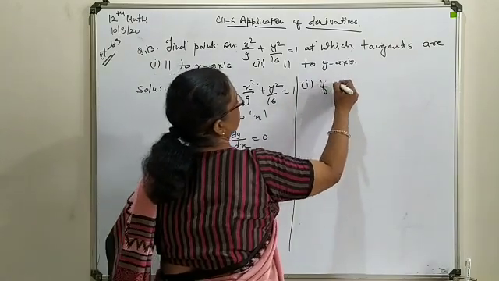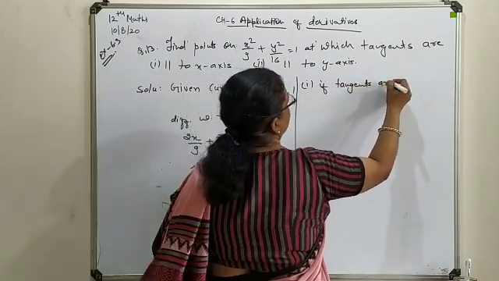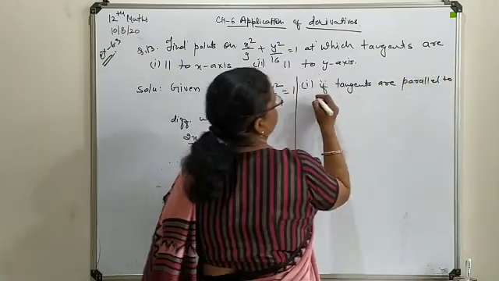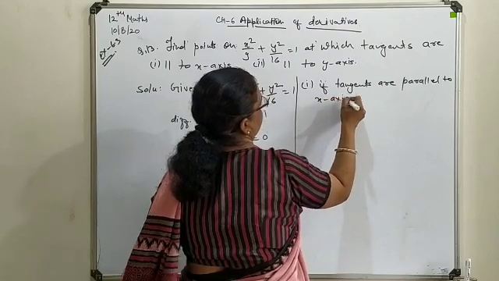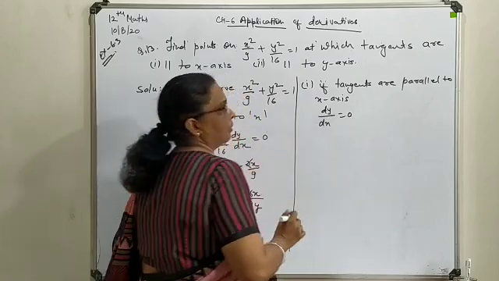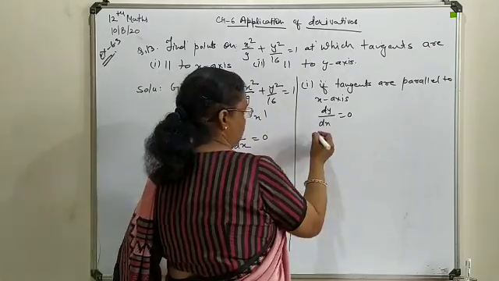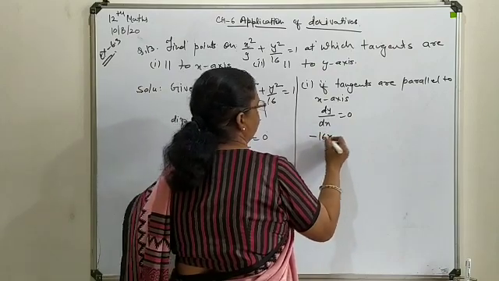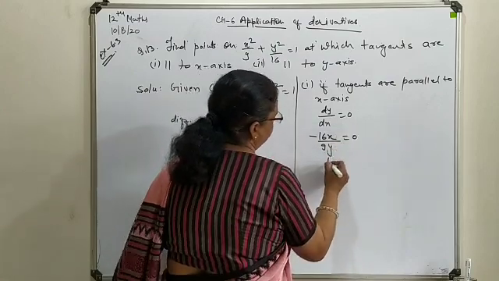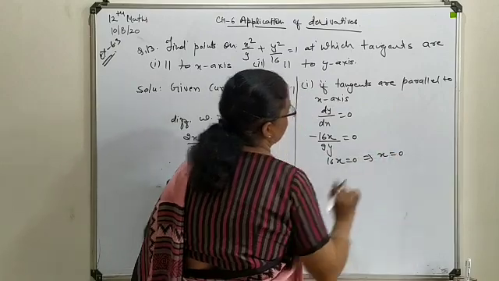If tangents are parallel to the x-axis, at that time the slope of the tangent should be from 0 angle, so it will tend to 0. So what the dy by dx we are having, make it cross multiply. So here 16x you will turn as 0, so obviously x will turn as 0.